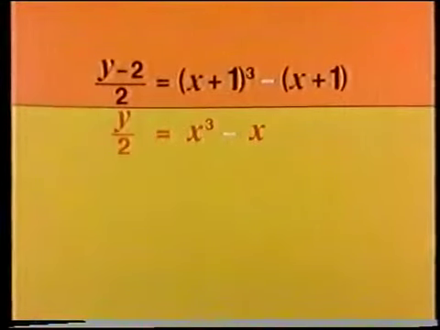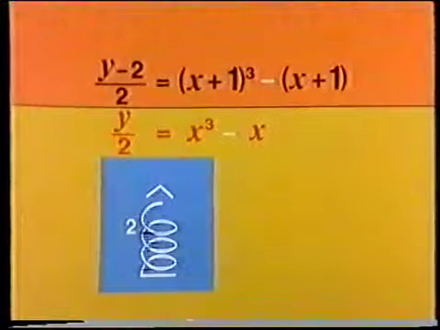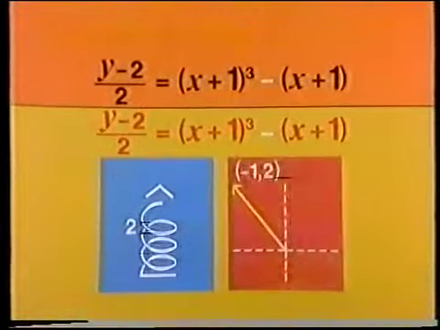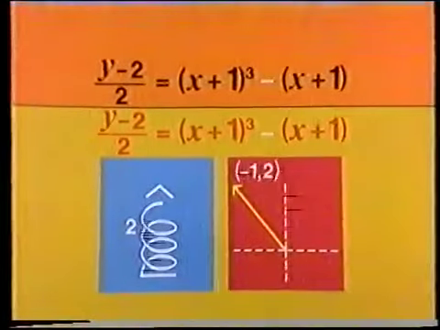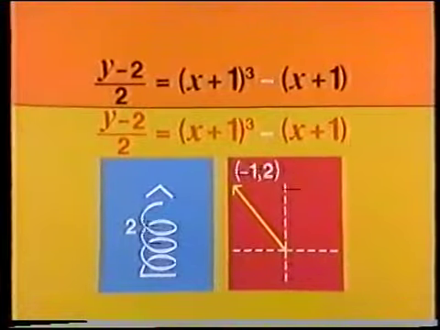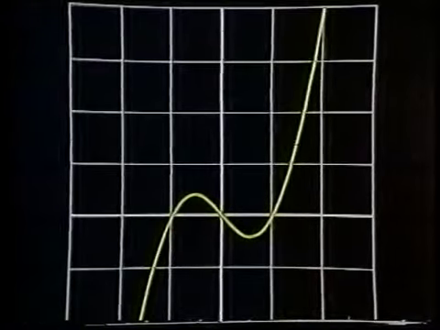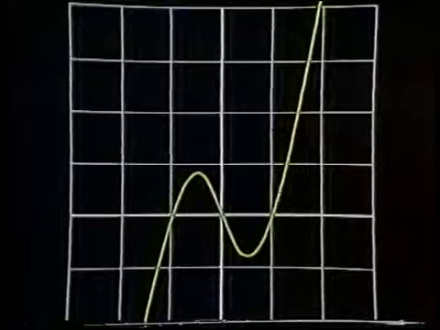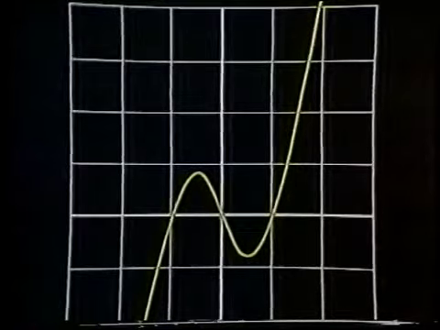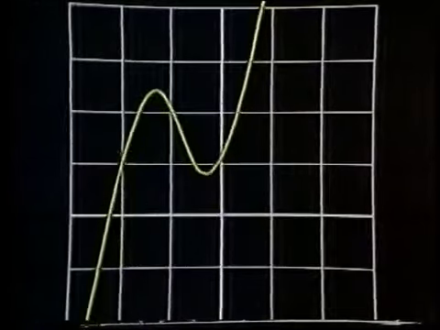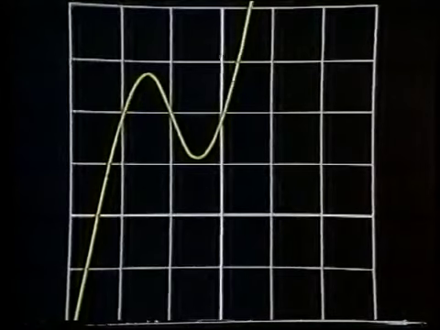Now, a y scaling by 2 and a translation to minus 1, 2 will take us from y equals x cubed minus x to our original expression. So graphically, if we start from the graph of x cubed minus x and firstly scale by 2 and then translate, we get the graph of the function.